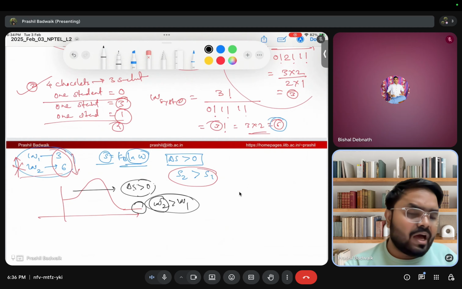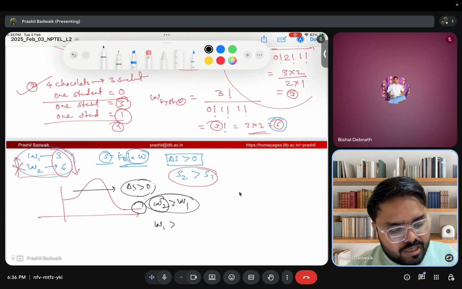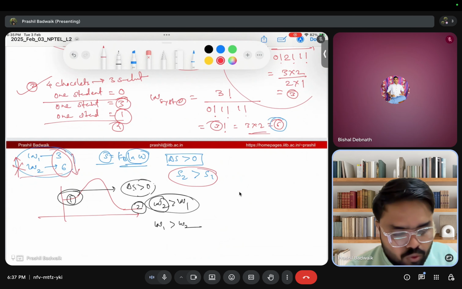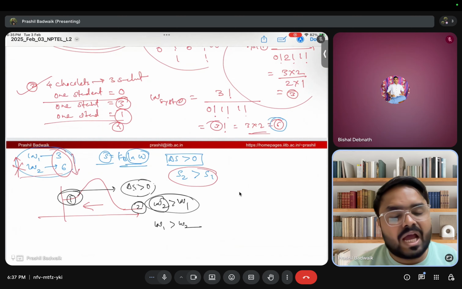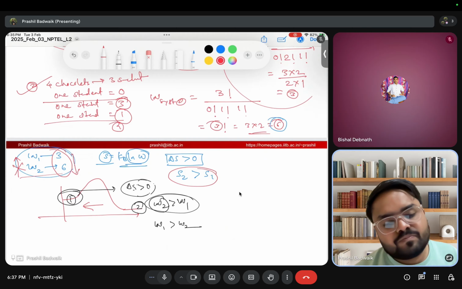Whichever has higher W will be feasible. If W1 is greater than W2, this is the first state and this is my second state, W1 is higher, that means the system will always try to go towards the reactant state. And if it tries to go towards the reactant state, the reaction is not favorable and will not happen. So W tells you the feasibility of the process.